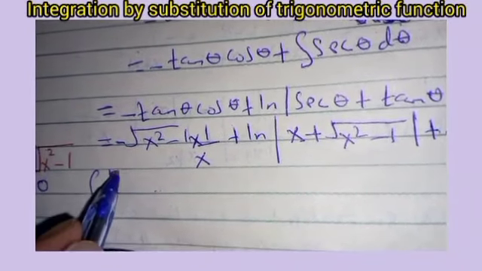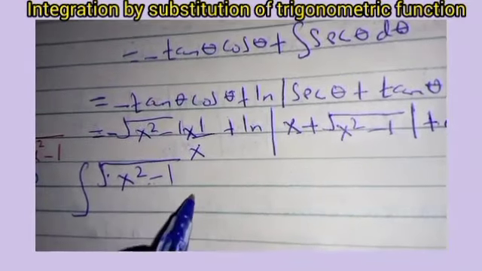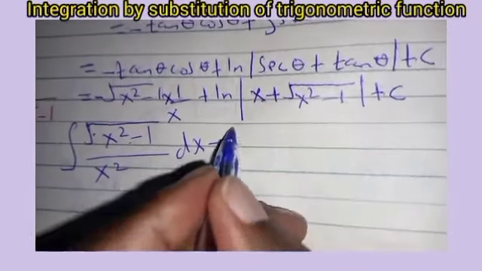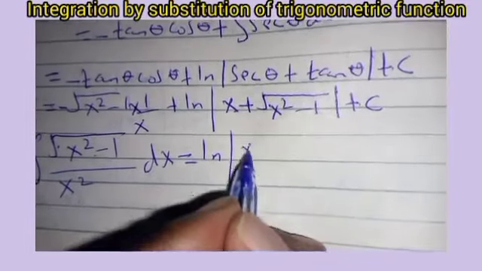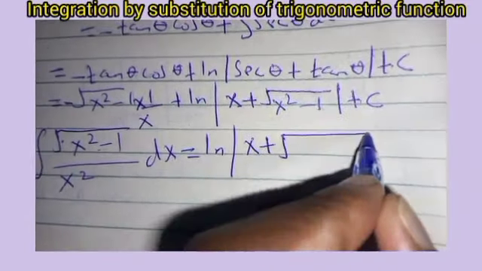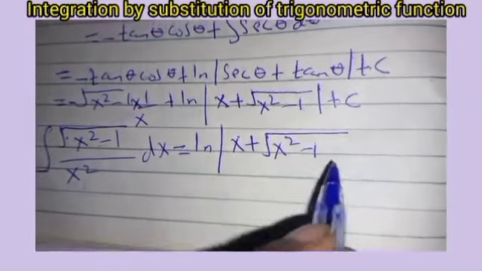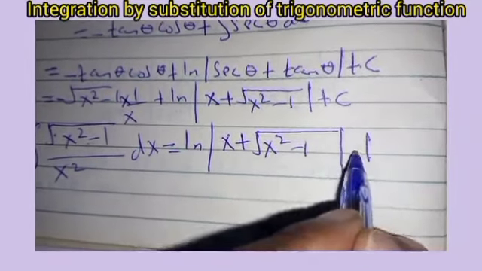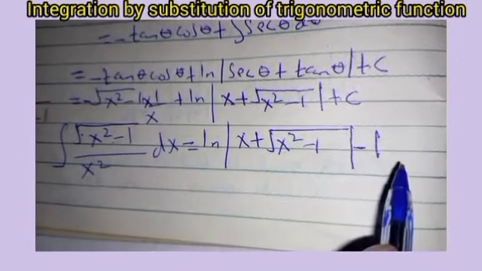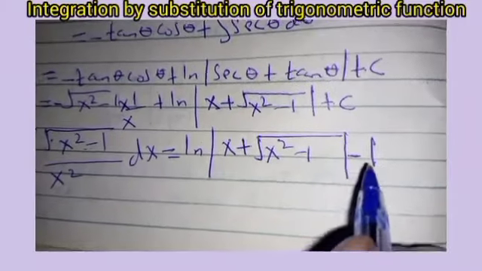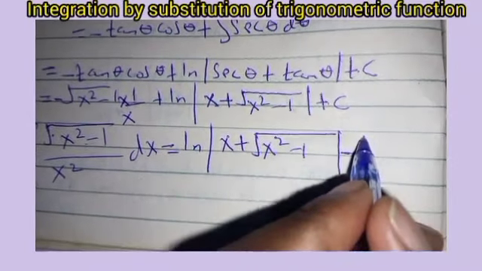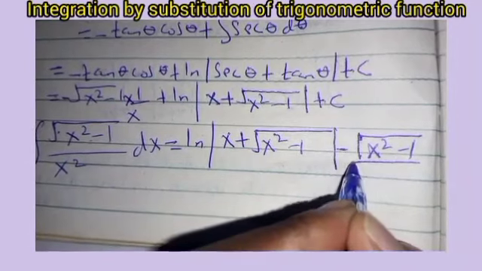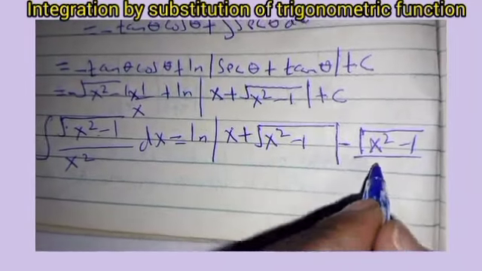square root of x squared minus 1 divided by x squared dx is the same as natural logarithm of x plus square root of x squared minus 1 modulus, minus this part here, minus square root of x squared minus 1 divided by x.